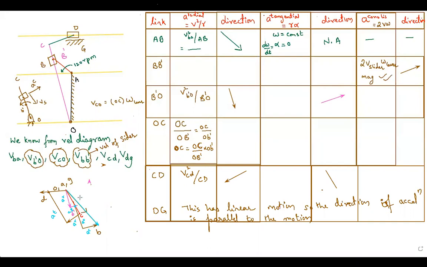As I have connected these four things, I can connect the point B dash to B. So B dash with respect to B, arrow in this manner, no problem. And then connect O and B dash also, radial and tangential, right? So you can connect it in this manner.